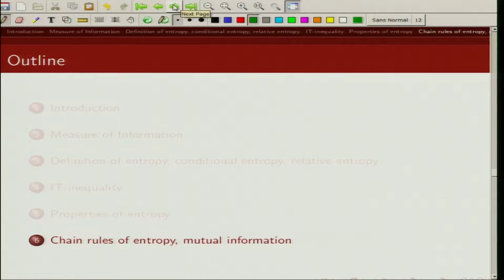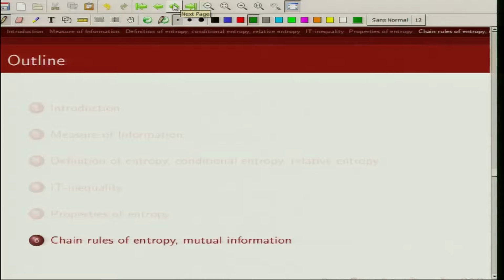Now we have defined so far entropy, joint entropy, conditional entropy and relative entropy, and we have proved some properties of entropy. If x is a discrete random variable, we have shown that the minimum value of entropy is 0 and the maximum value is log of L, where x takes L possible values. Now let us prove some more properties of entropy and define what we mean by mutual information.